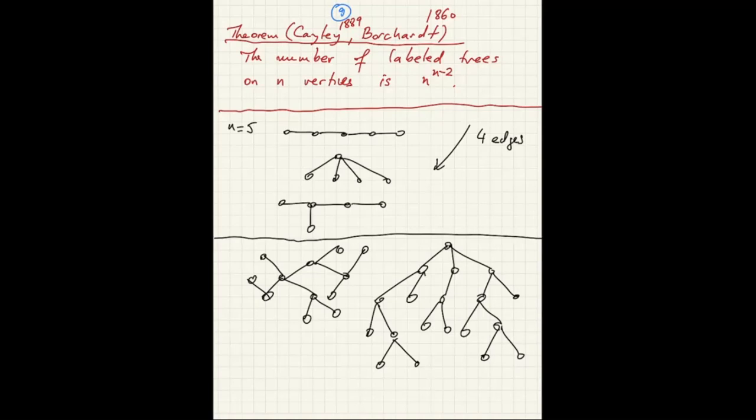And it's the same thing for all the others. So the number of edges will be 1 less than the number of vertices. And the other thing that you notice is that each of these trees contains at least 2 vertices of degree 1. So let's prove that.